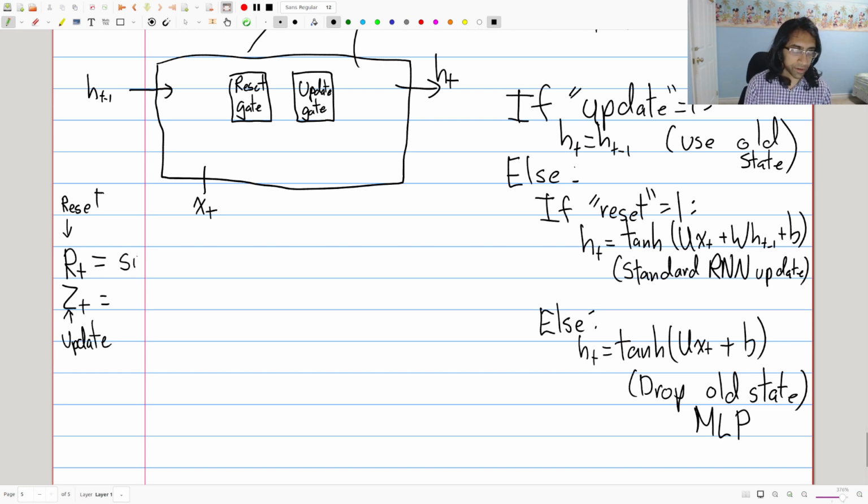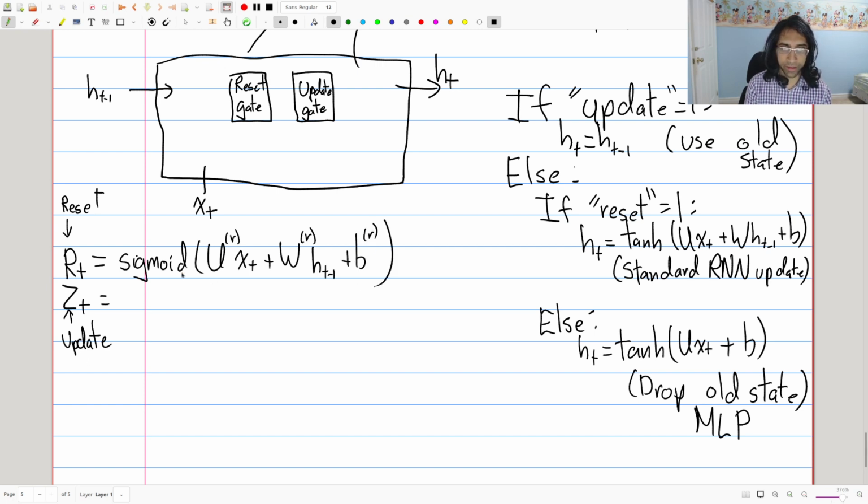Each is going to be a sigmoid of combinations of our inputs, as we've had before. Say R_t equals sigmoid of U_R x_t plus W_R h_{t-1} plus b_R.